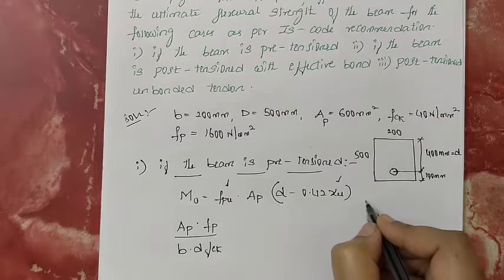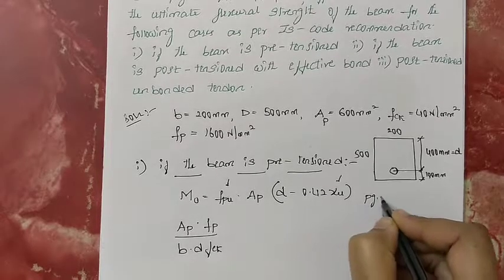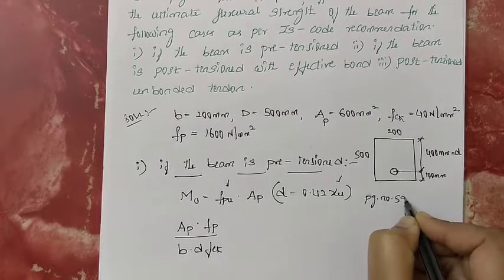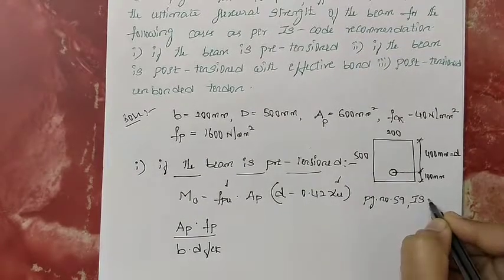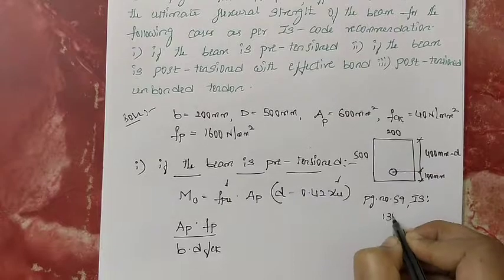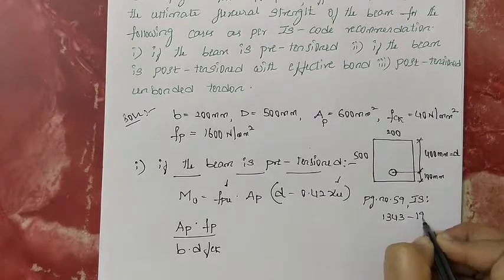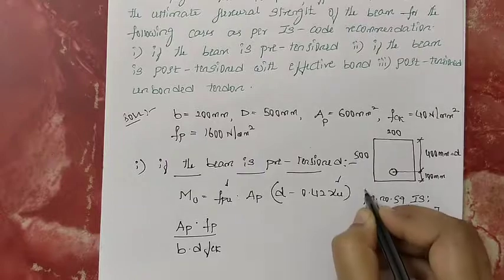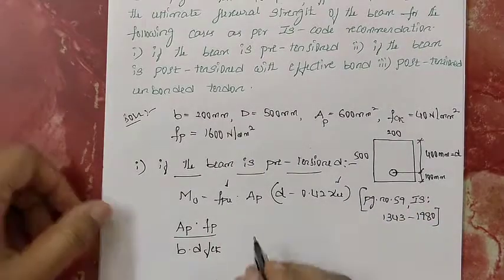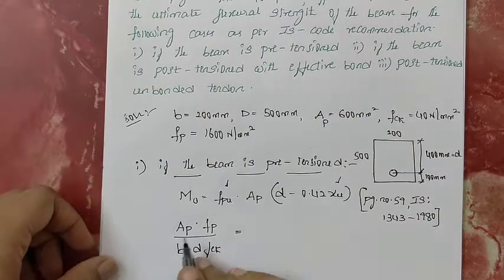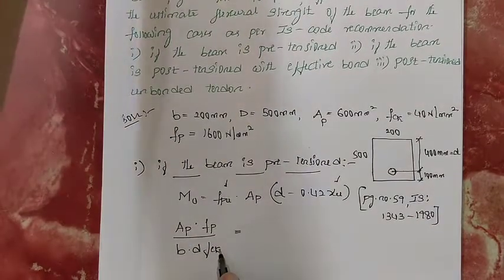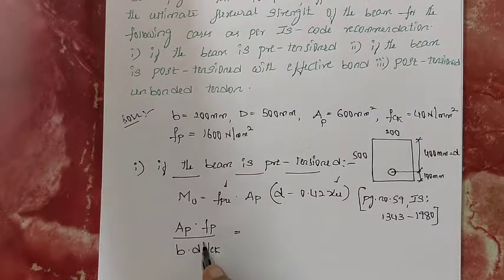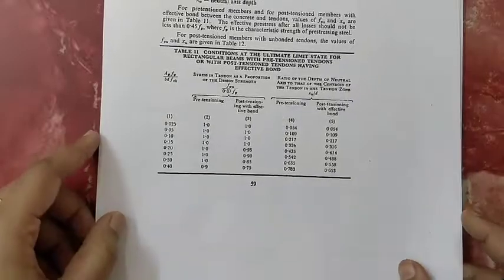This equation is on page number 59 of IS 1343:1980. First you calculate this ratio, AP into FP divided by b d FCK. This ratio equation is also available in the code book, IS 1343:1980, page number 59.